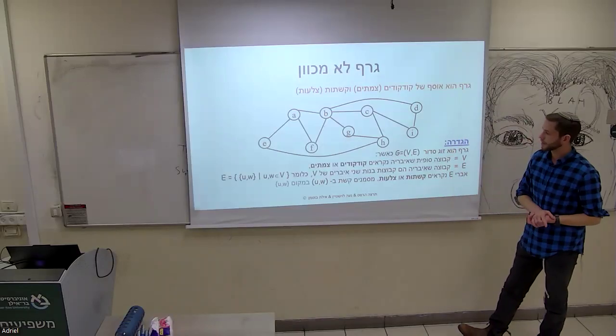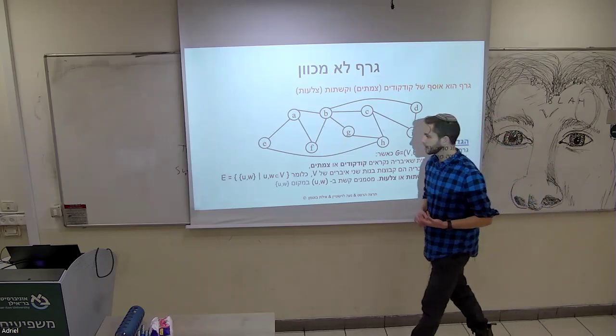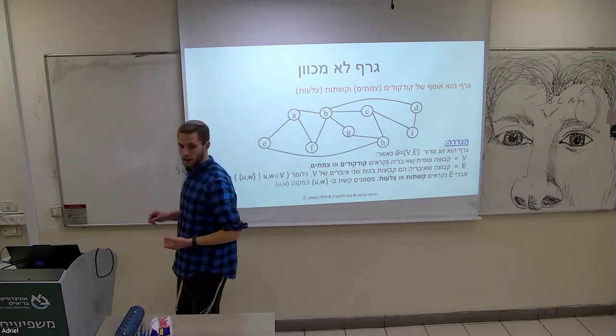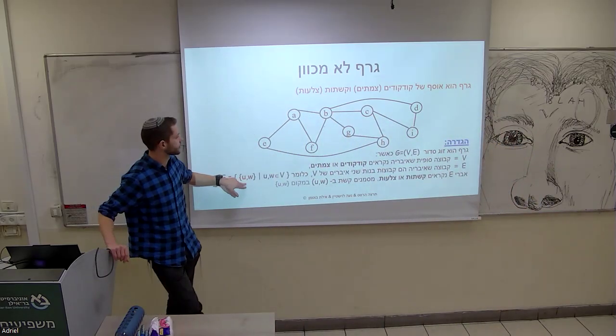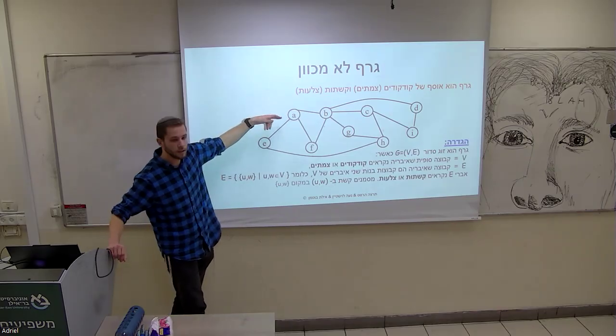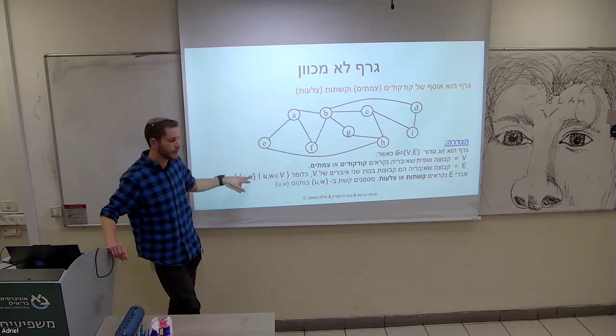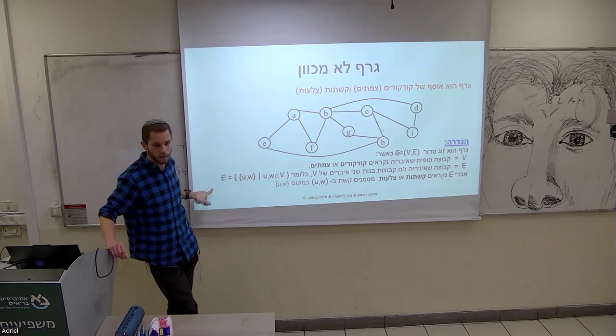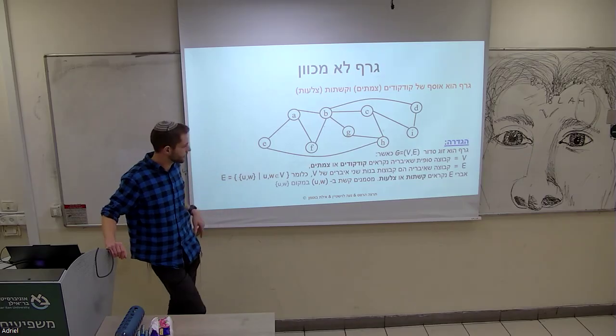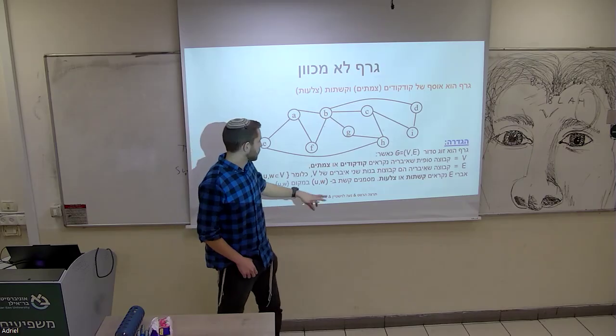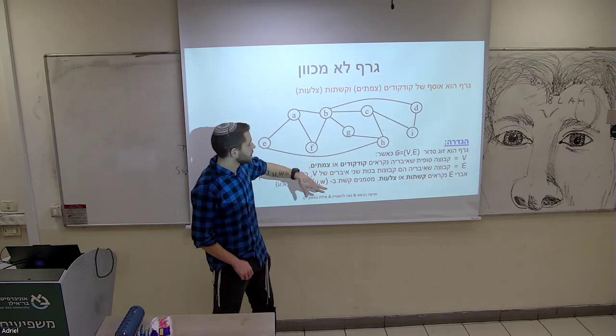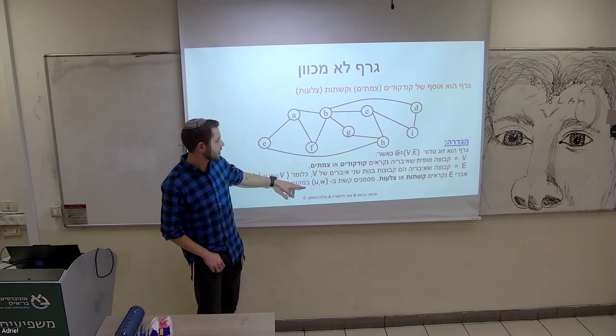So E is a set of edges, and how are the edges represented? It's represented as a set of two vertices. So if I have an edge from A to E, that means I will have A and E within my group E. All right. So the elements of E are called just edges.